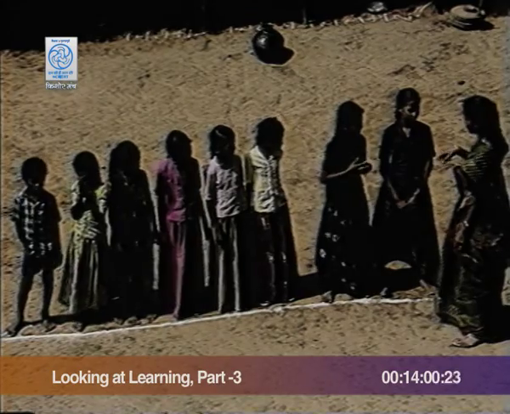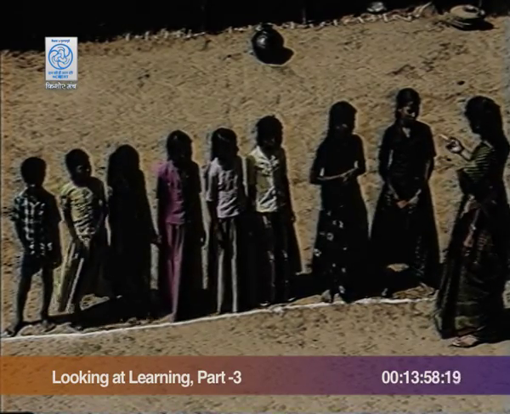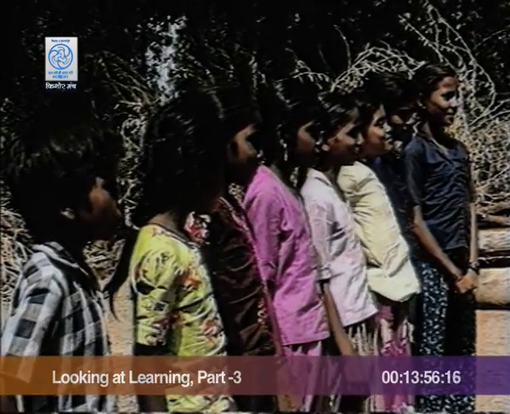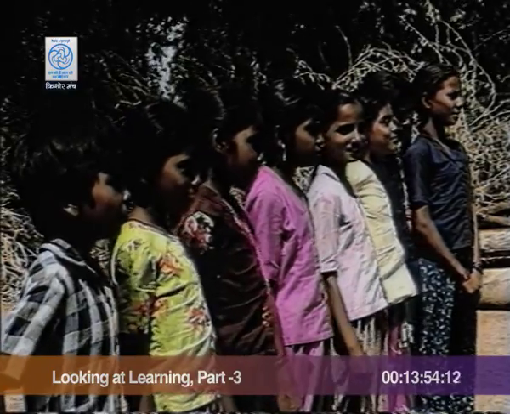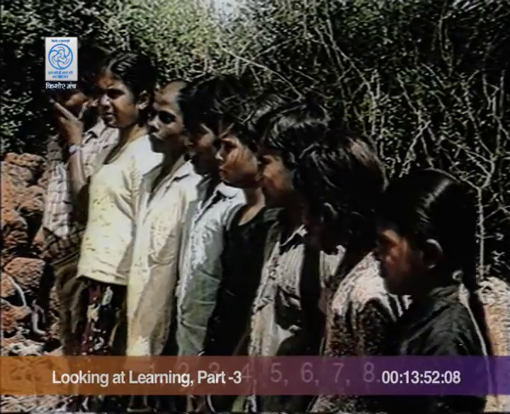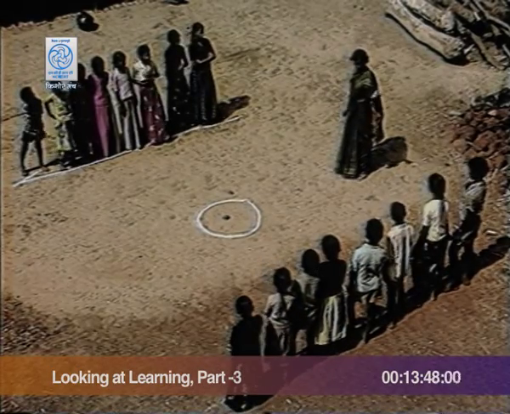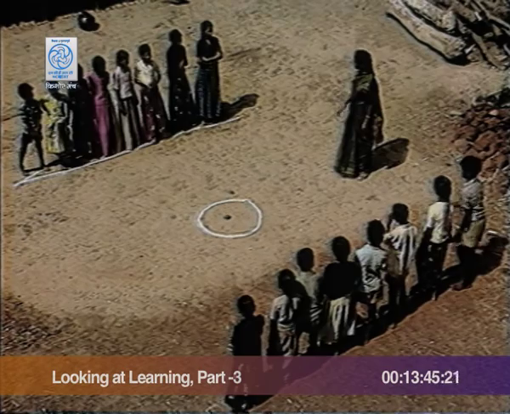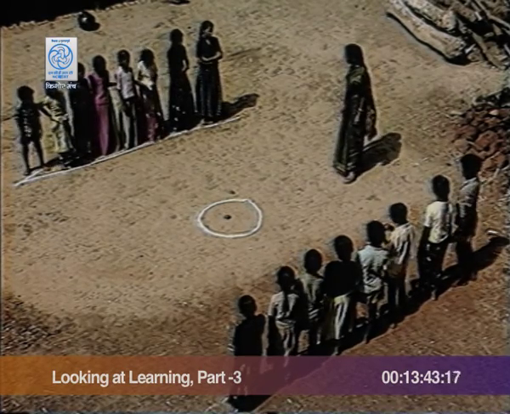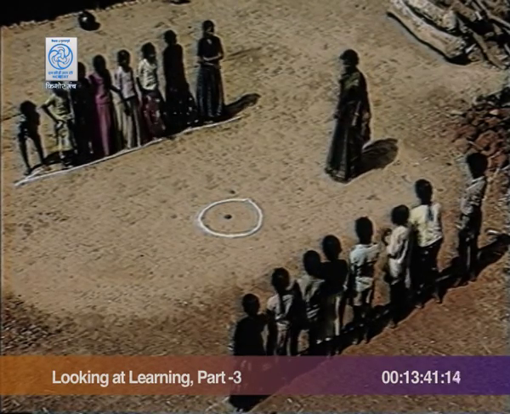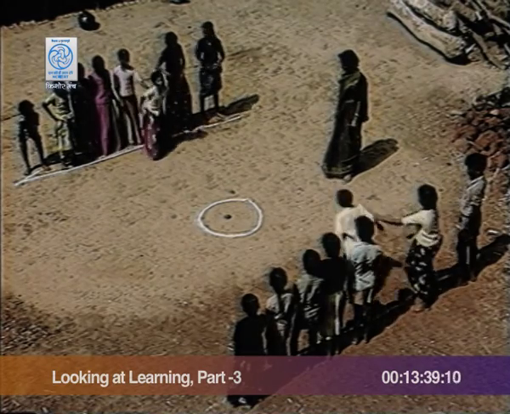The children are then numbered 1 to 10 in each team, according to their height. She makes sure that each child knows his own number. Then the game begins. As she calls out a number, the pair with that number from each team should run to the center and try to take the stone back to their baseline.